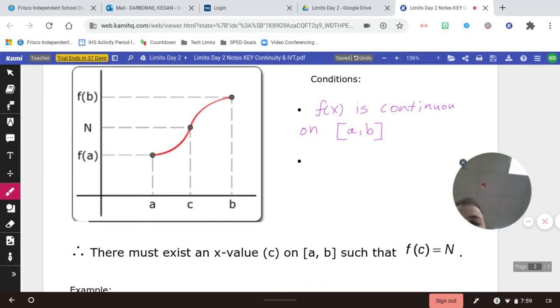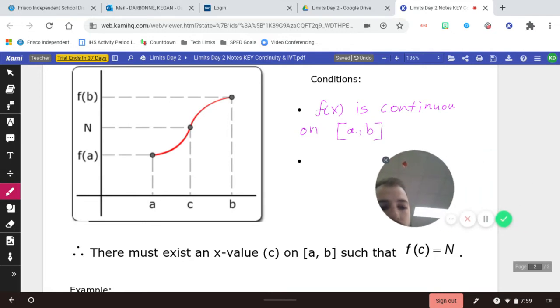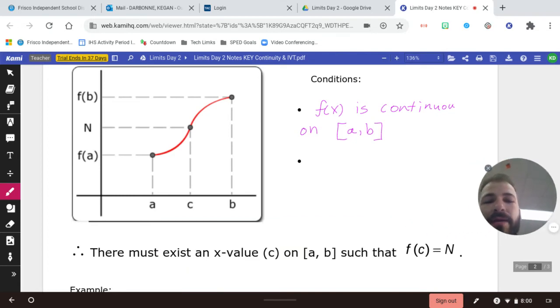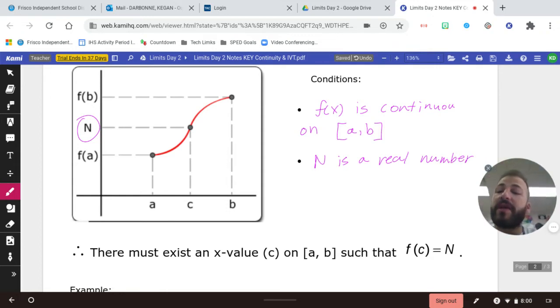And n, so n being this y value right here, so n is a real number. Remember, a real number is just any number between negative infinity and positive infinity, any sort of decimal fraction, anything like that, a real number between f of a and f of b.